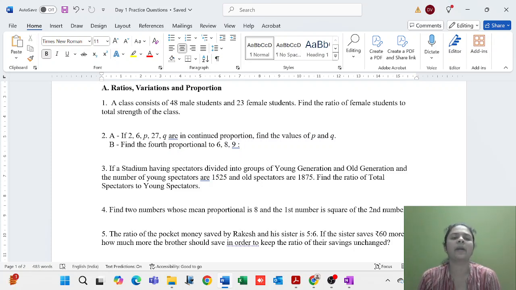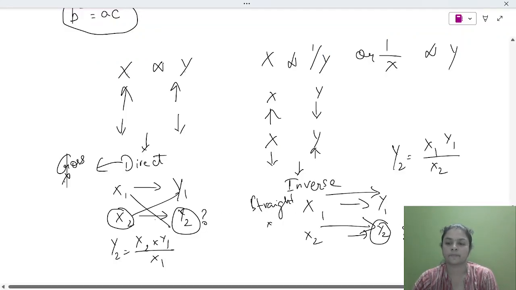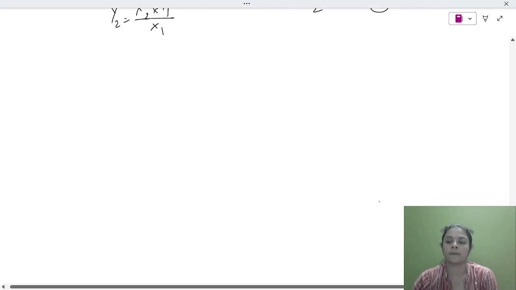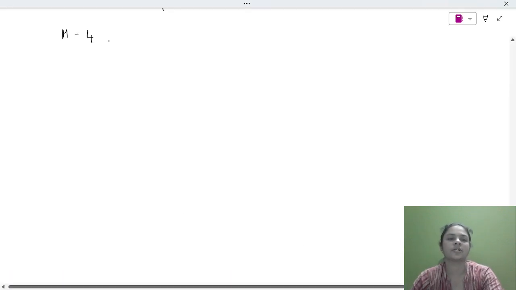Now, question number 1. A class consists of 48 male and 23 female students. The ratio of female students to total strength of the class. So, male is 48 and female is 23.